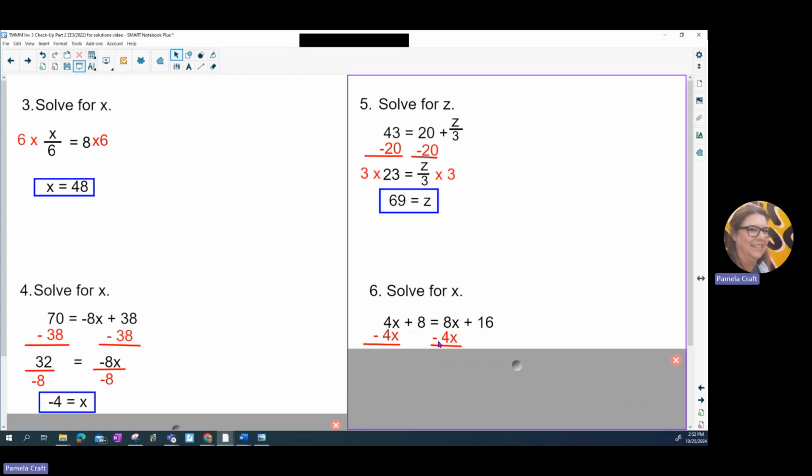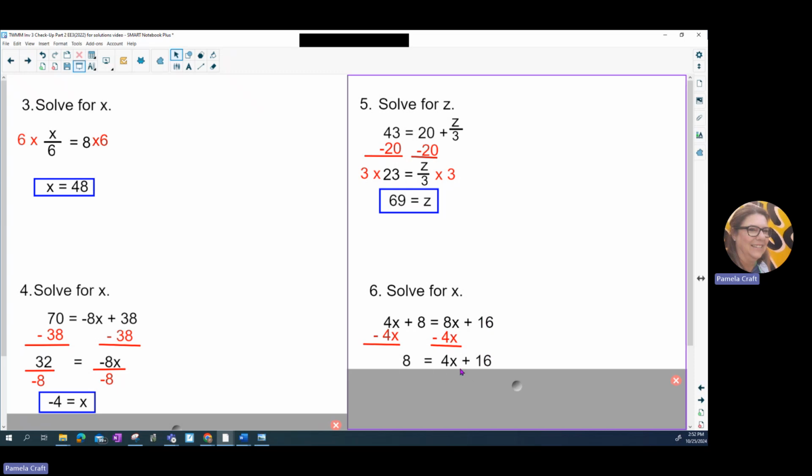So I'm going to start by getting rid of the x's on the left-hand side of my equal sign. If I subtract 4x from this side, I have to balance it by subtracting 4x on that side. Over here, I'm left with a positive 8. And on this side of the equal sign, 8x minus 4x is 4x. And I don't touch that 16 yet, so it just comes down as a 16.